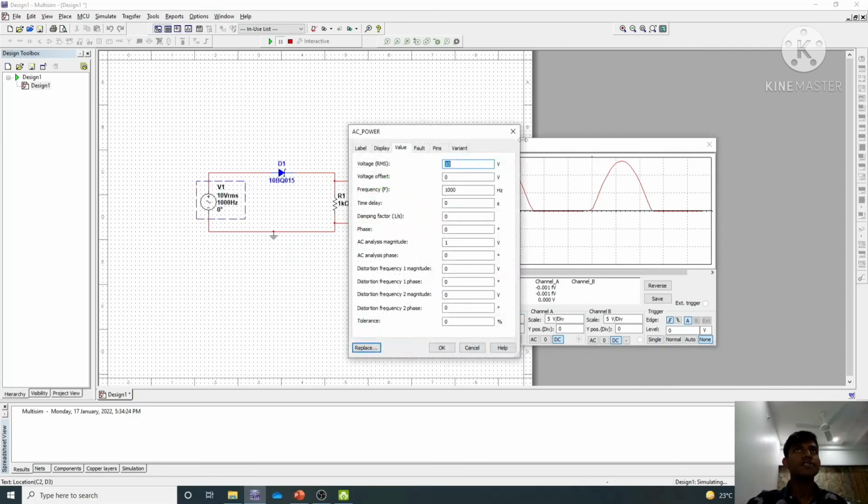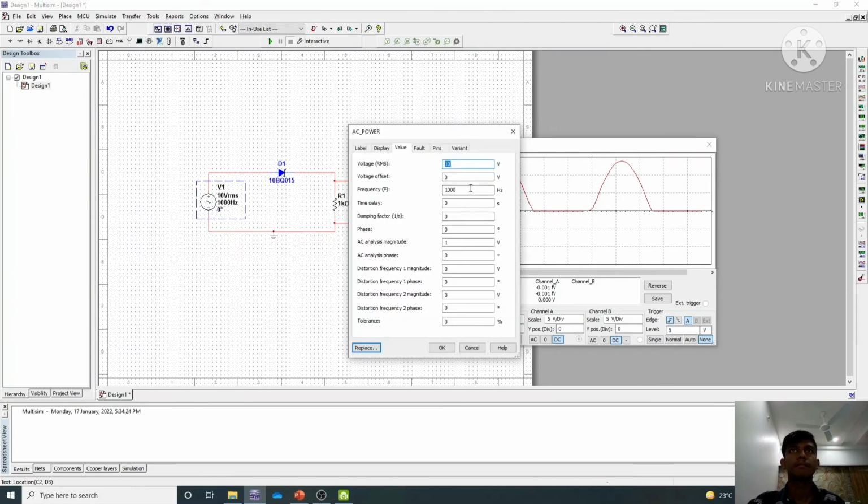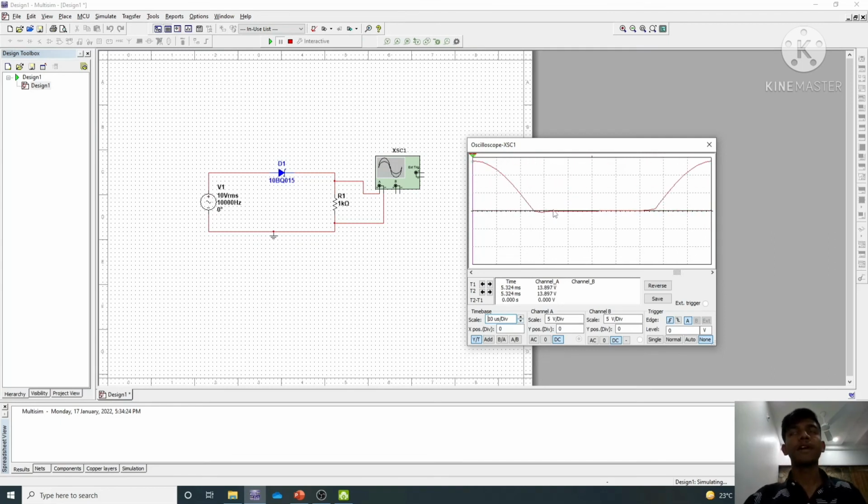Now we will increase frequency. As we saw earlier, at 10,000 Hz the normal diode is not able to provide a very clear output, but at 10,000 Hz the Schottky diode is providing a very clear output with a minimal amount of reverse recovery time.